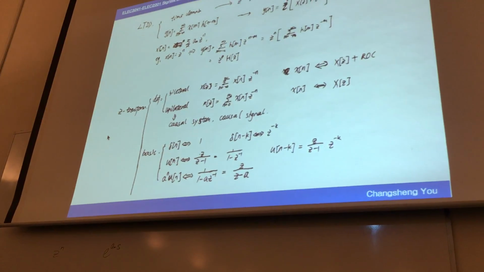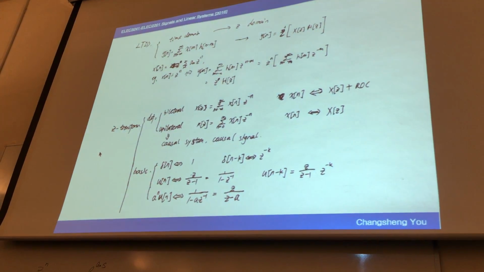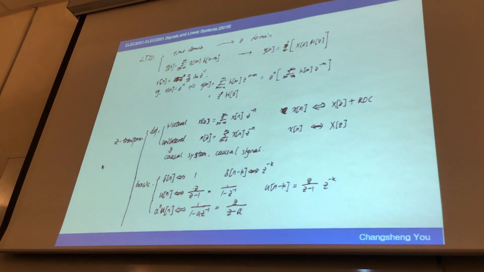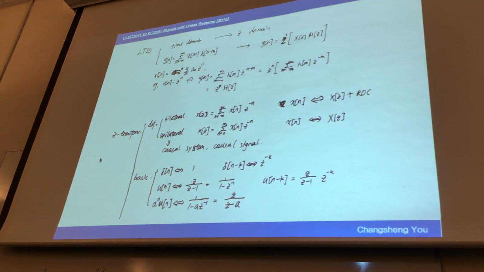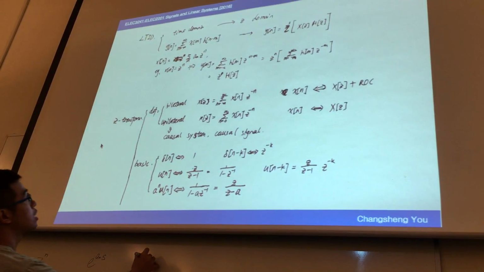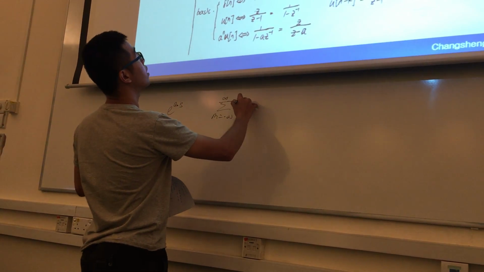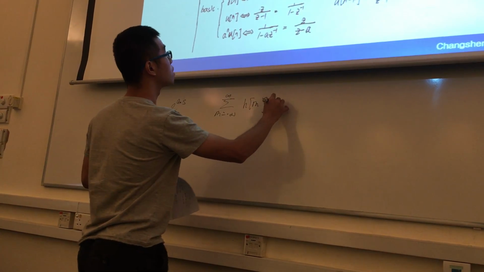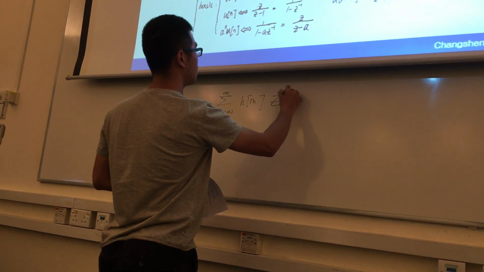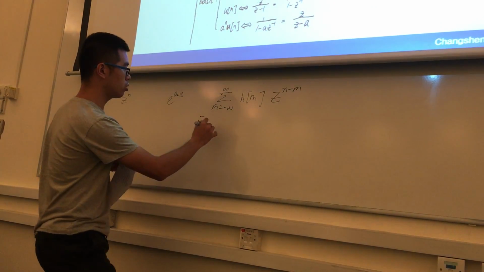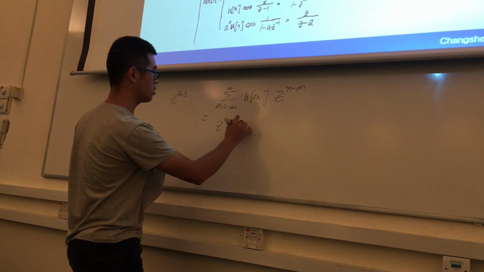Assume now the input is very easy, just z to the power n. Using the convolution, we have the equation like this: the summation of h[k] times z to the n minus k, which is equal to z to the n times a value.